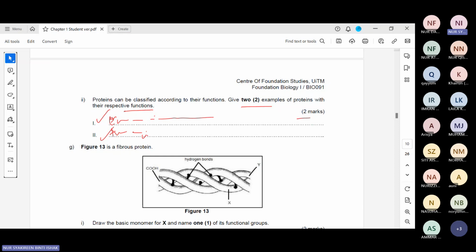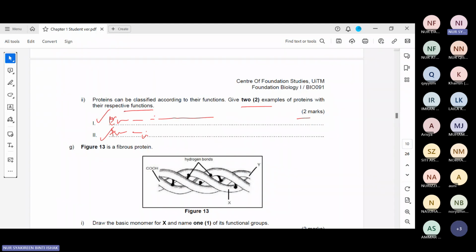So ada banyak lah. And then kita ada apa lagi? Structural proteins provide structural support. Okay, kita ada motor protein, function in cell movement, actin, myosin. Kita ada receptor proteins. Okay, receptor proteins to bind to signaling molecules such as hormones. Okay, out of the cell.